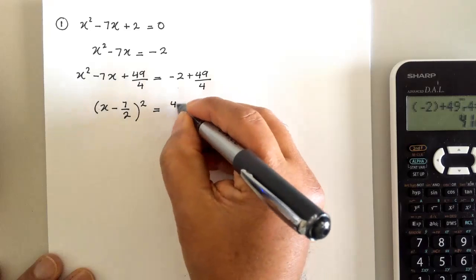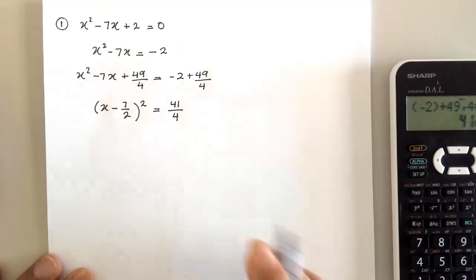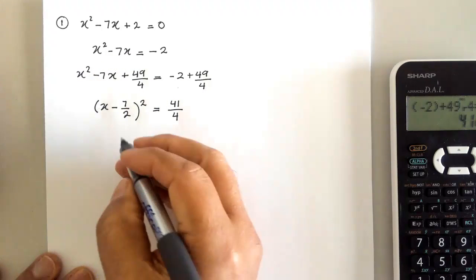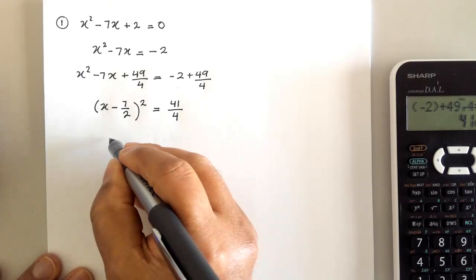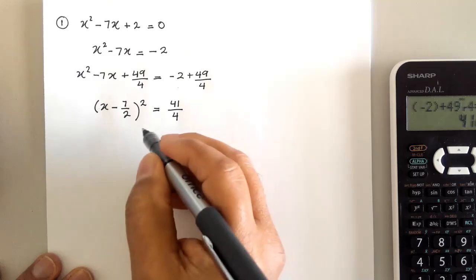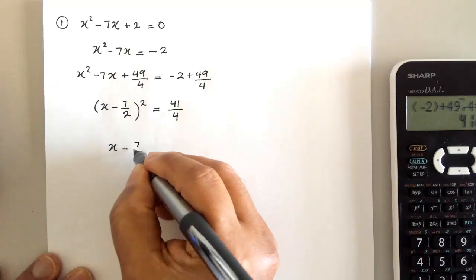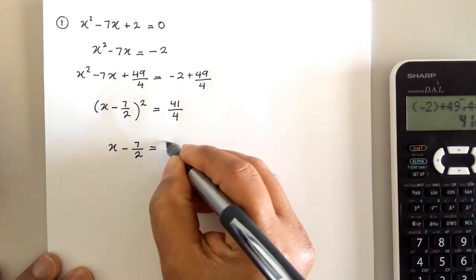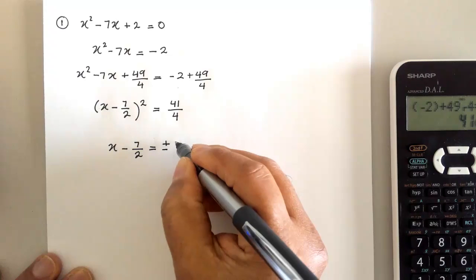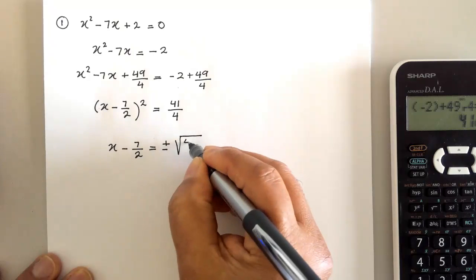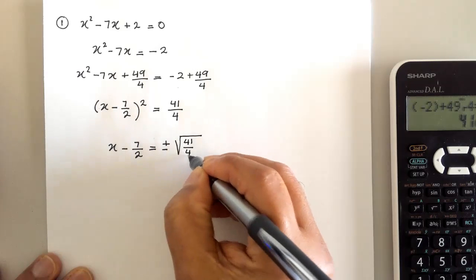And then we square root both sides. So then we're going to have x minus 7 on 2 is equal to plus or minus the square root of 41 on 4.